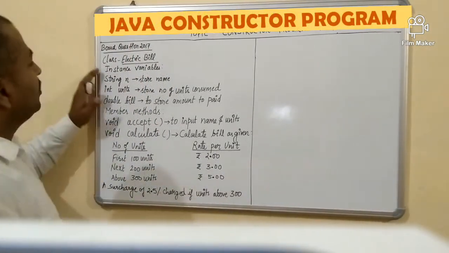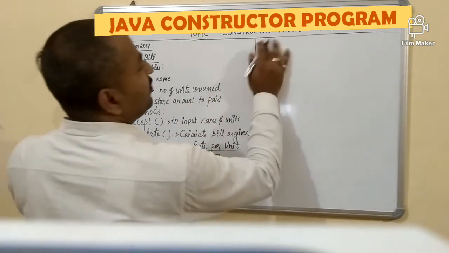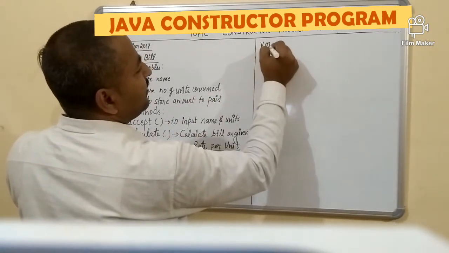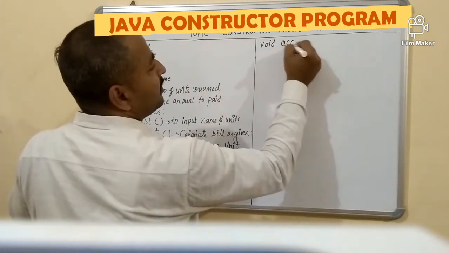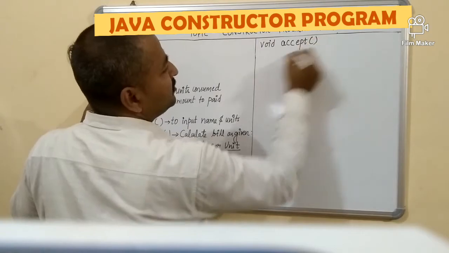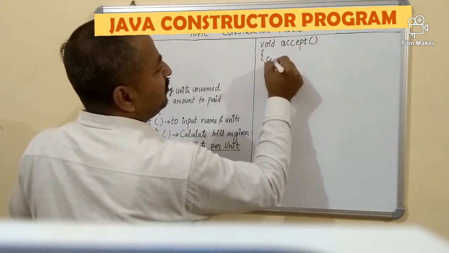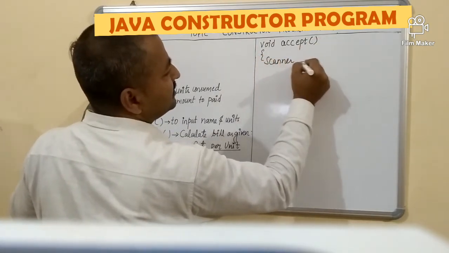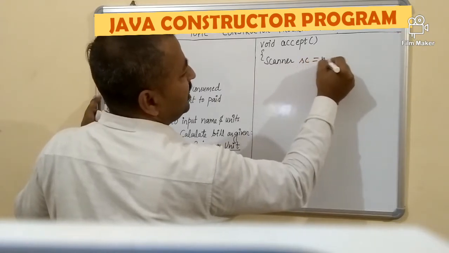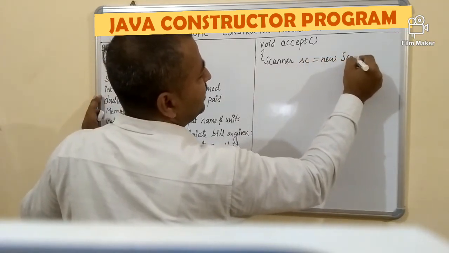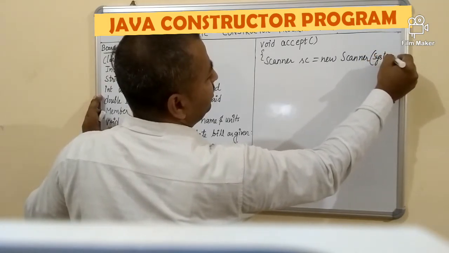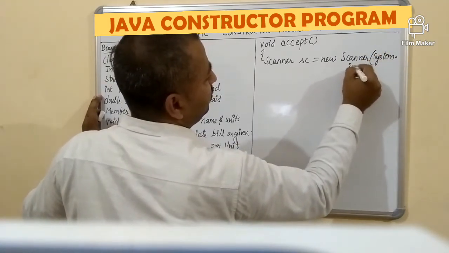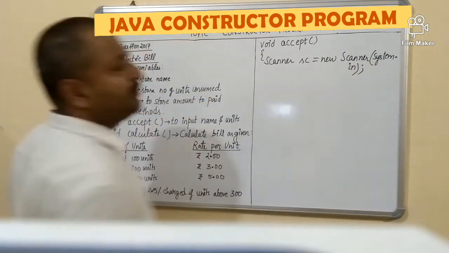That is your next function. We are taking here void accept. In this, you have to define the scanner object. So we will write Scanner class, object name sc equals new Scanner(System.in); closing the bracket, semicolon.